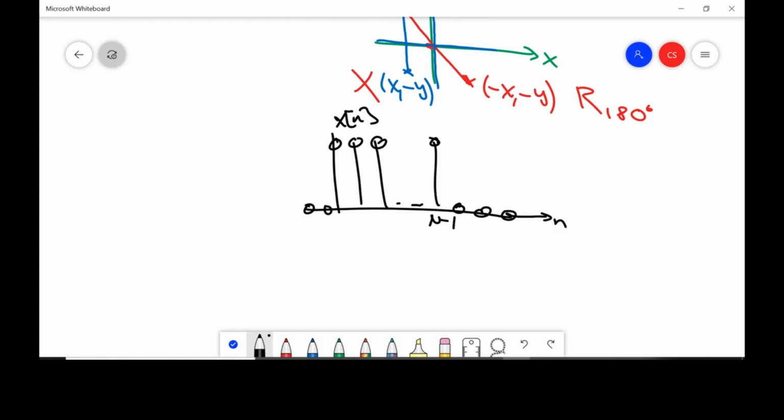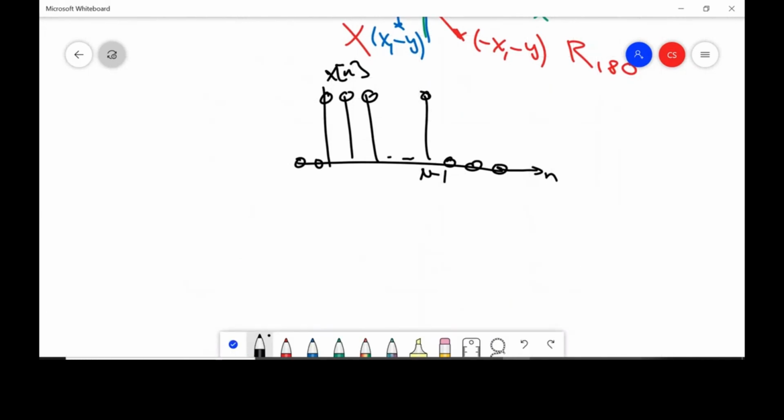So this is n minus 1. Okay, and I want to convolve this with this kernel. This is the typical low pass filter, first order low pass filter.